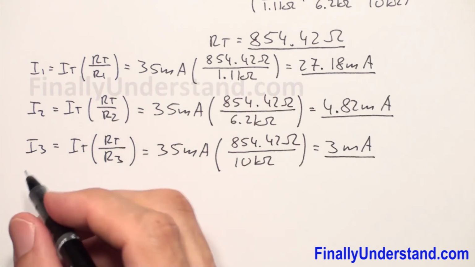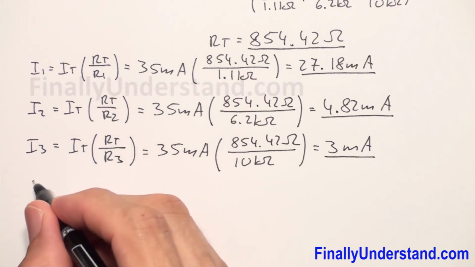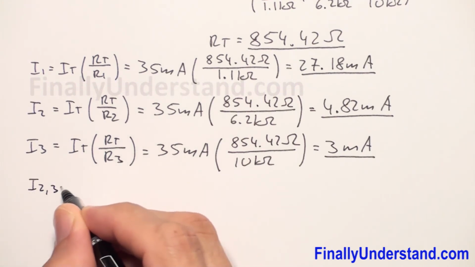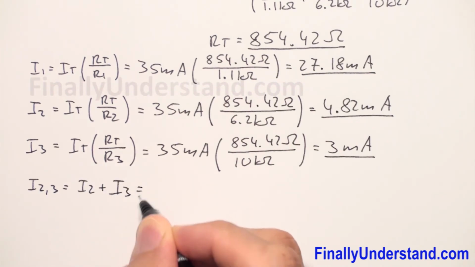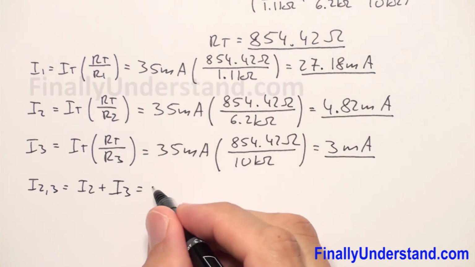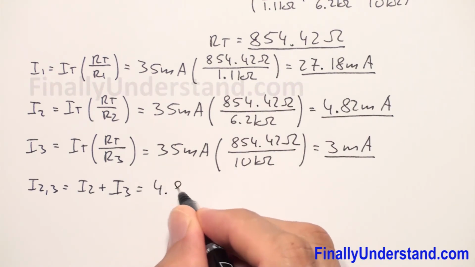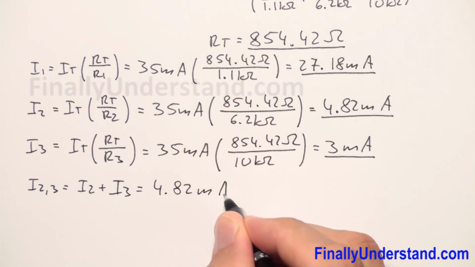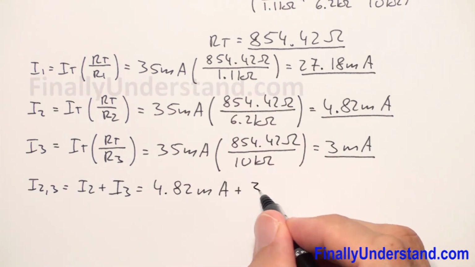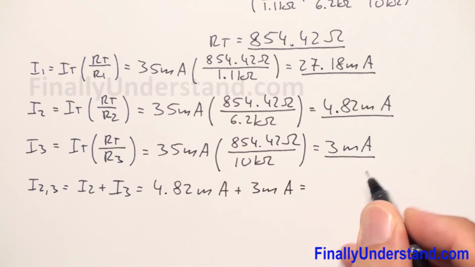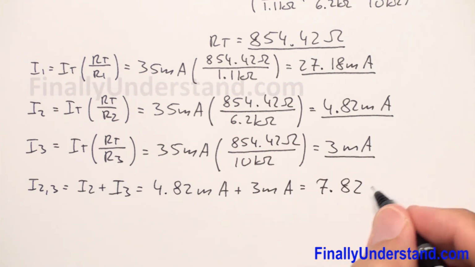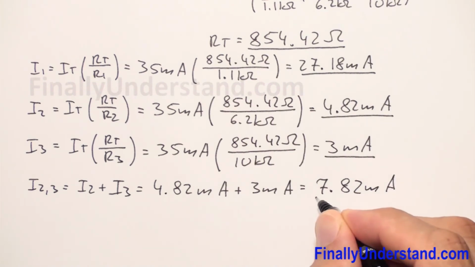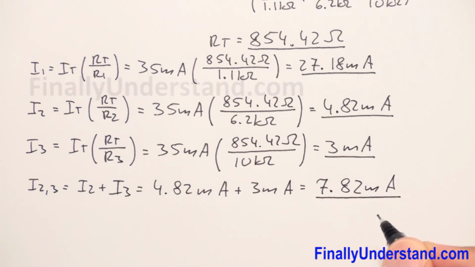So I23 is equal to I2 plus I3, which is 4.82 milliamps plus 3 milliamps. This is equal to 7.82 milliamps.